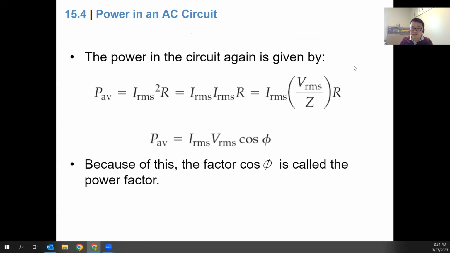So it will be on the resistor, IRMS squared times R. It turns out to be IRMS times VRMS, and then P average will be equal to IRMS VRMS cosine of phi, where cosine of phi is equal to R over Z. Okay, so this is the power factor for the AC circuit. It doesn't matter if you have an RC circuit, RL circuit, or RLC circuit, the power factor is cosine phi, and that's R over Z.